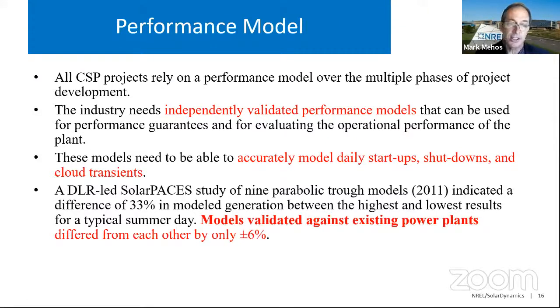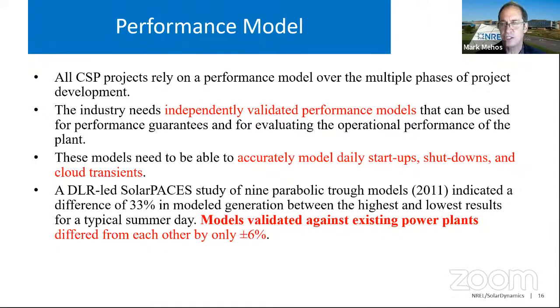So I alluded to this earlier, but the DLR-led Solar PACES study did attempt to do this validation. They did look at 9 operating parabolic plants throughout the world. They looked at a number of models compared against the output of the generation of those plants. And what they found is the output of that model relative to the predicted generation of those plants or actual generation of those plants could vary by 33% between all of the models.